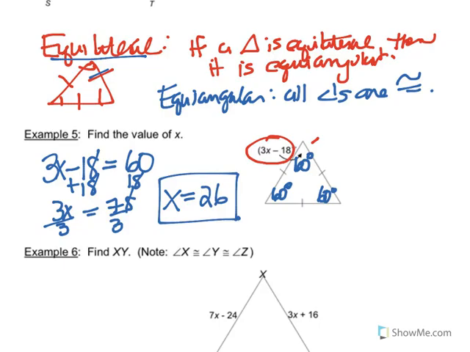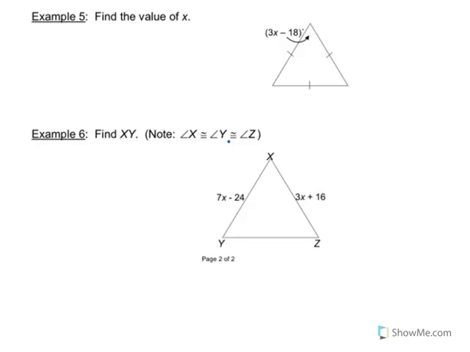Okay, now let's go to example number 6. It says find XY. You'll note there's no line above it. When it's just XY, we're talking about the measurement, so we need to find the value of this distance right here.